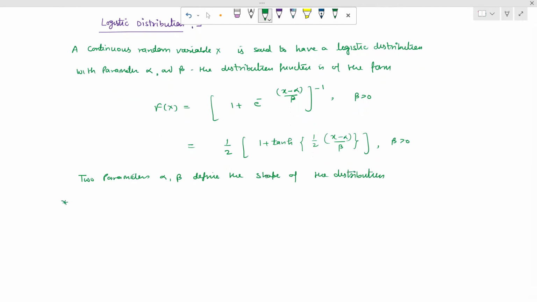First, we have the location parameter, alpha. This tells us where it's centered on the x-axis.